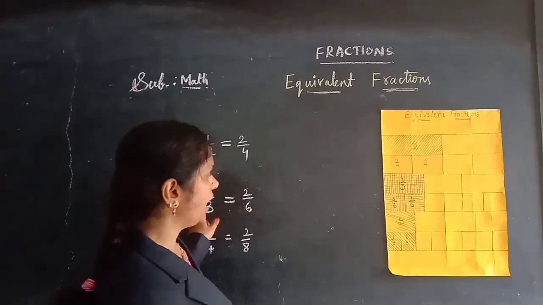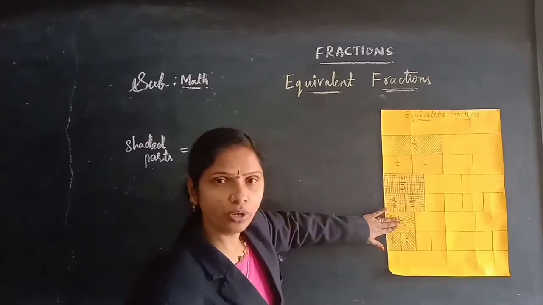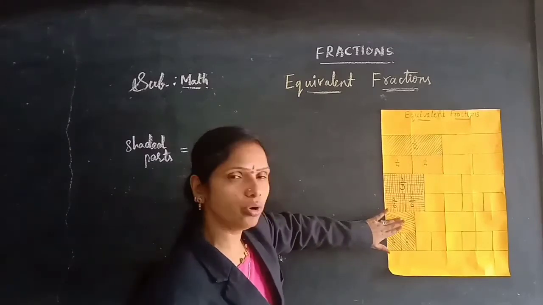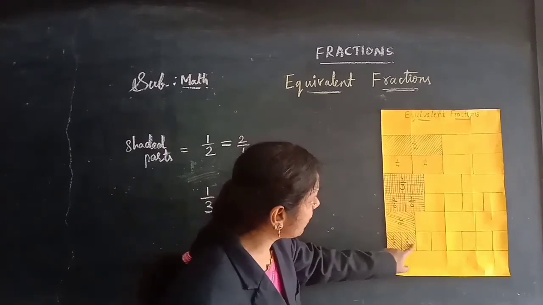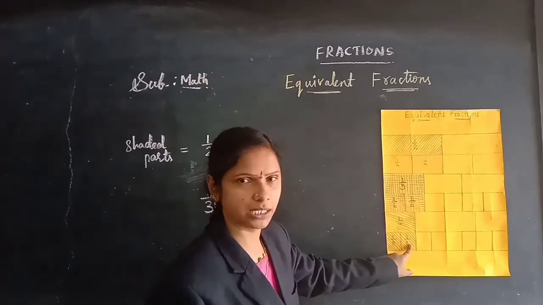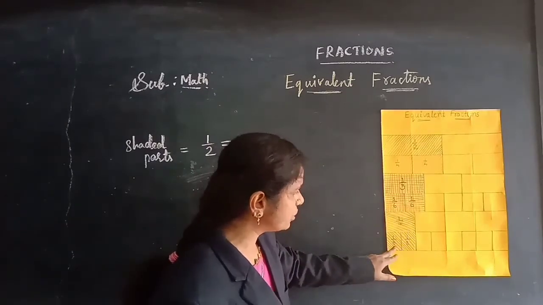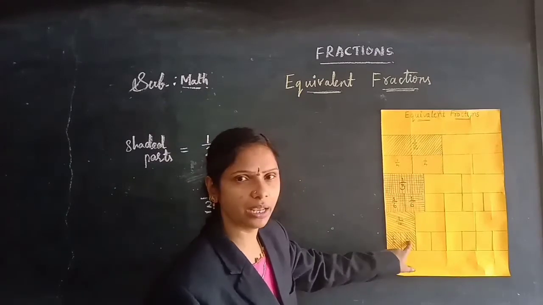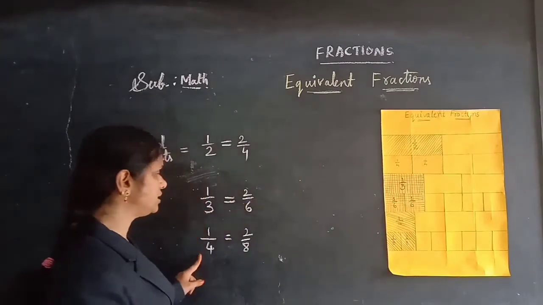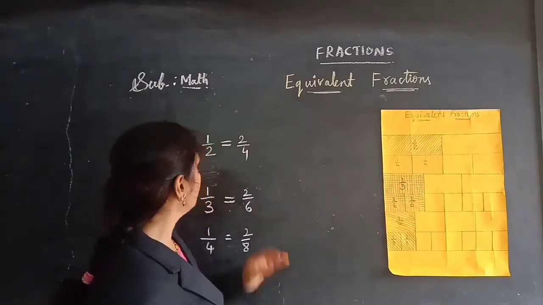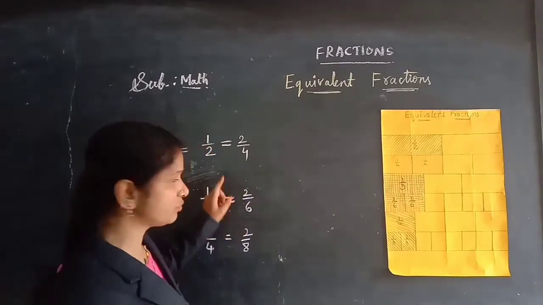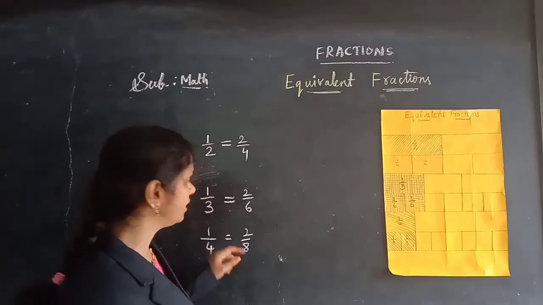And here, 1 by 4 in the fifth row and last row, 1 by 4 is equal to 2 parts of 1 by 8, so 1 by 4 is equal to 2 by 8. So these are the equivalent fractions, children. That's why I kept the equal symbol between the fractions.